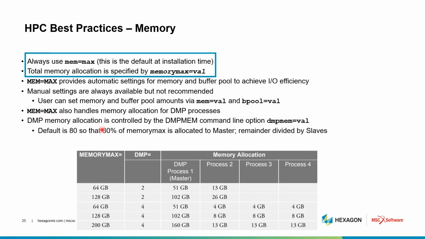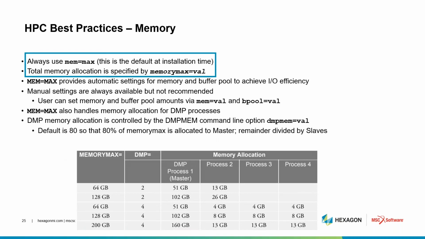Memory equals max also handles the memory allocation for DMP processes. As I said earlier, DMP memory allocation is controlled by the DMP mem command, which is DMP mem equals value, and the default is 80%, so that 80% of memory max is allocated to the master, and the remainder is divided among the slaves. So we'll just go through this real quick.